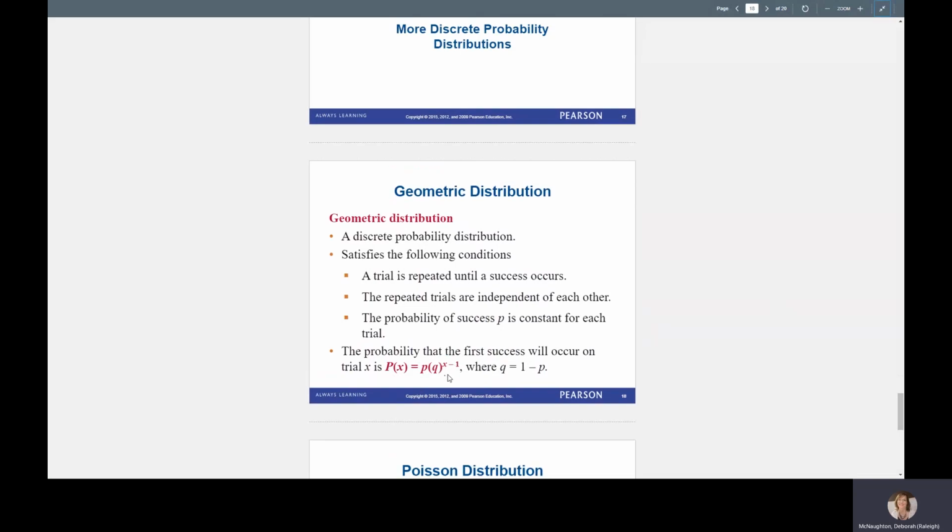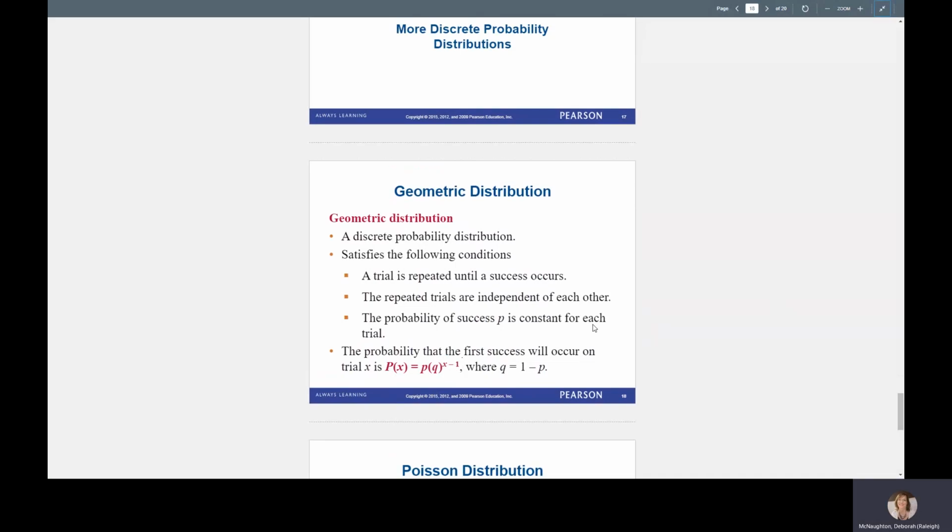So it's easier to calculate the probability that X is less than or equal to 2, which would be that X is either 1 or 2, that my first success is on the first or the second trial, and then just subtract that from 1. So in this case, you're going to want to use your cumulative distribution. And also there is no function in Excel to do the geometric distribution. So we will be doing this by hand in Excel.